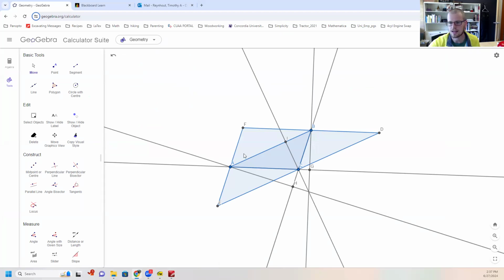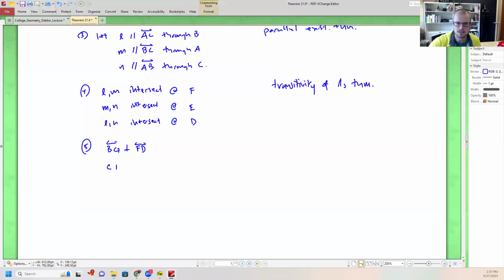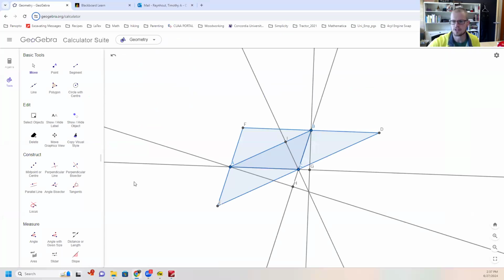We also have that the one through C, CI, is perpendicular to ED. The one through A was AH.